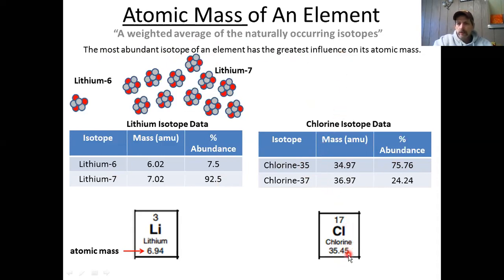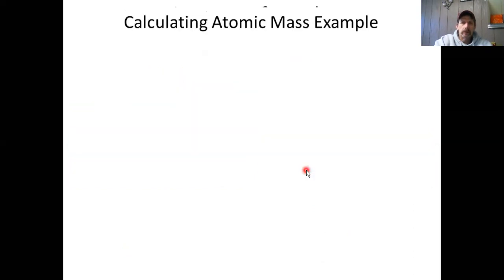The atomic mass of chlorine is closer to 35 than it is to 37 for that reason. So our atomic mass is influenced by how abundant, how popular in nature, indicated by a percentage. The higher the percentage, the more abundant it is, and the mass, how many total parts are in the nucleus.